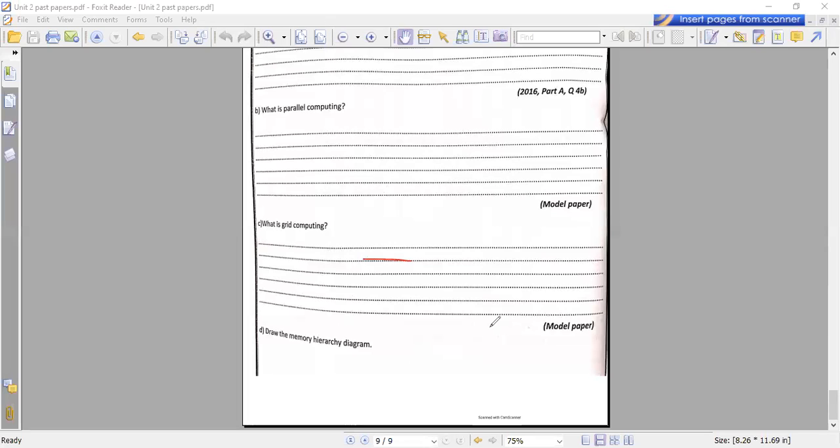So next one, draw the memory hierarchy. I think you can remember this kind of thing. We have separated this stuff. You can refer to the tube if you can't remember. You have to put it like this. At the top you put the register memory, here cache, here main memory, here magnetic disk, and last you can put magnetic tapes.